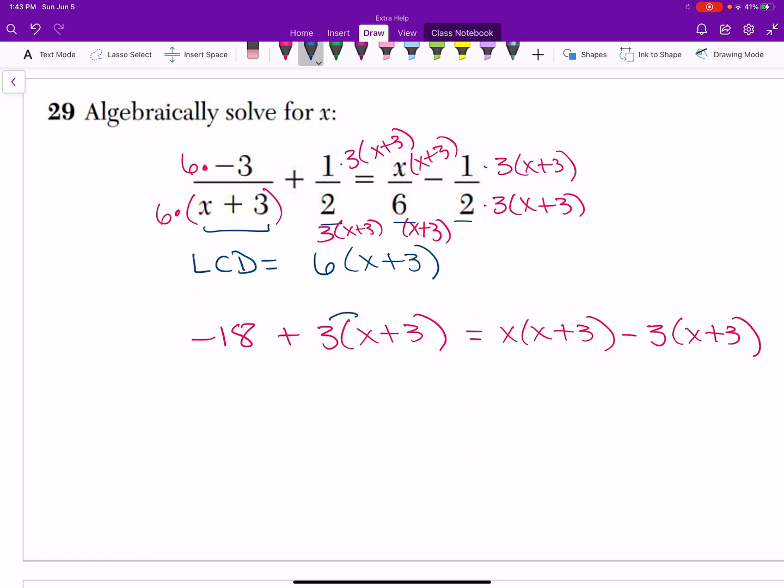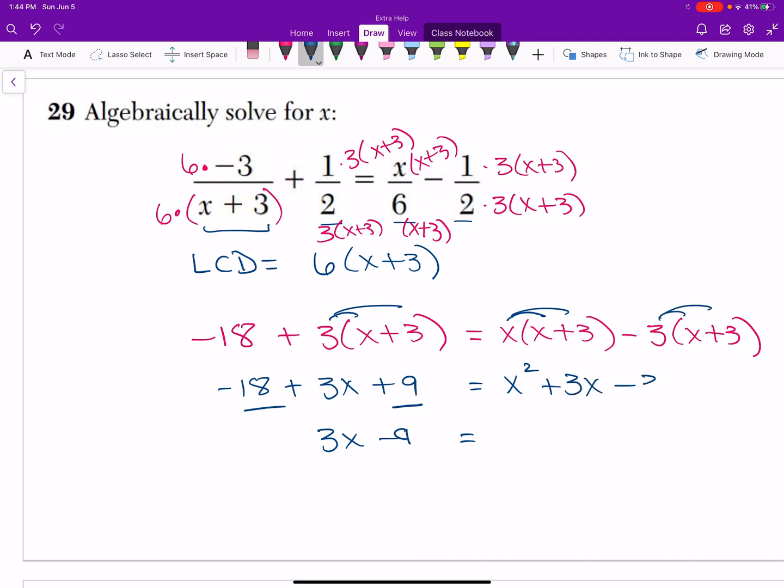Lots of distributing now. On the left, I get negative 18 plus 3x plus 9, which is then 3x minus 9 when I combine like terms. On the right, we have x squared plus 3x minus 3x minus 9, which is then x squared minus 9.